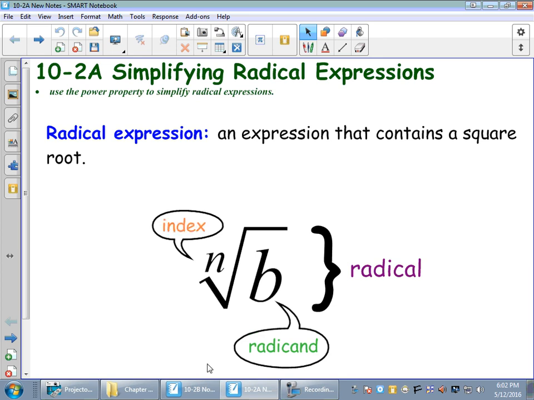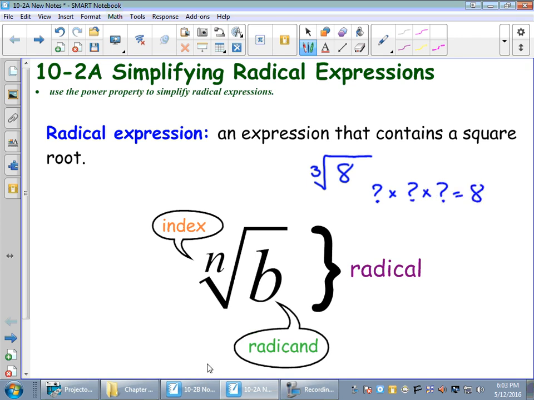is called the index. Now, we're going to primarily work with square roots, but there is such a thing as a cube root. And so a cube root would have a little 3 sitting there. And the cube root, let's say, of 8 is asking, what do you multiply by itself 3 times to equal 8? And the answer is 2.